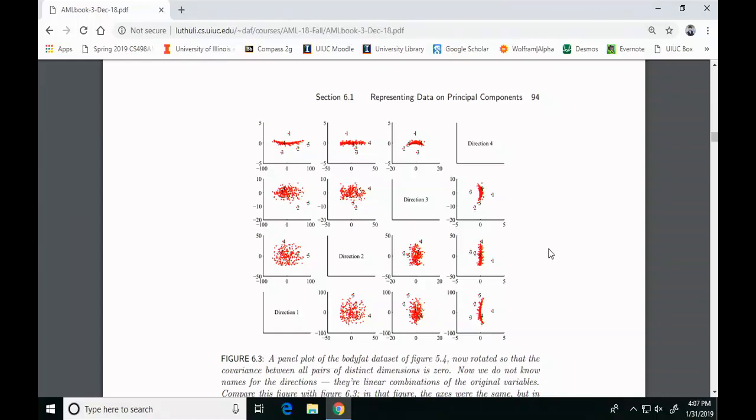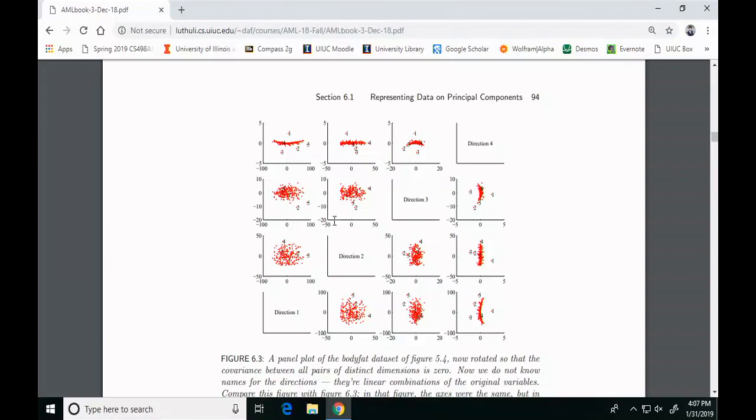Now, you can see that with direction 4 and direction 2 in this graph, there's not a whole lot of structure. It's pretty much a flat blob in that direction 4 space. However, you do see some structure in direction 2 versus direction 1, and in direction 2 versus direction 3.